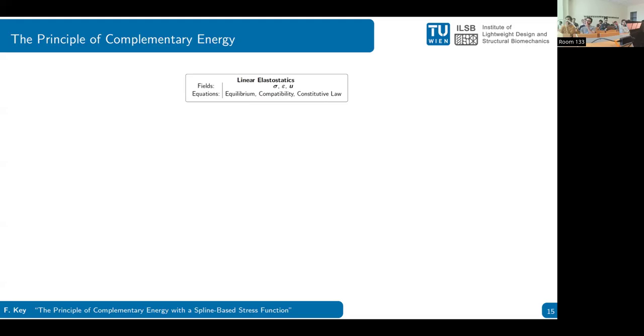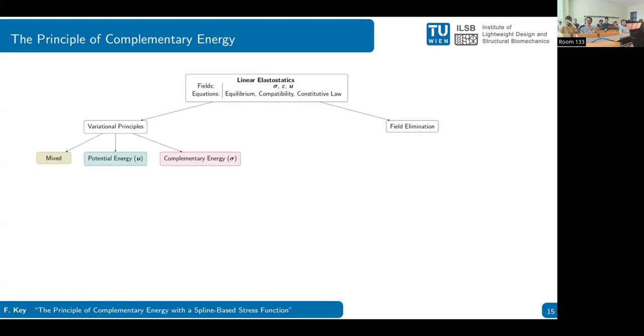And what we have as field equations are equilibrium, compatibility, constitutive form. So now we have two choices. We can either go this path and follow this variation of principles that we just discussed, or we could also go the other way and apply field elimination. So, for example, replacing the strains by the displacements, but we will see this later.